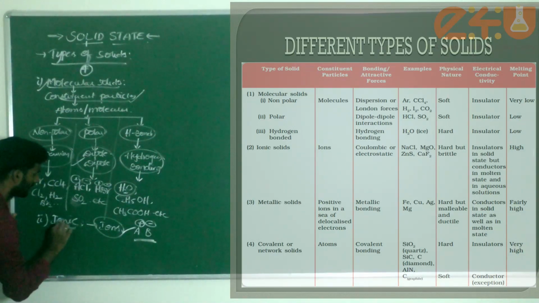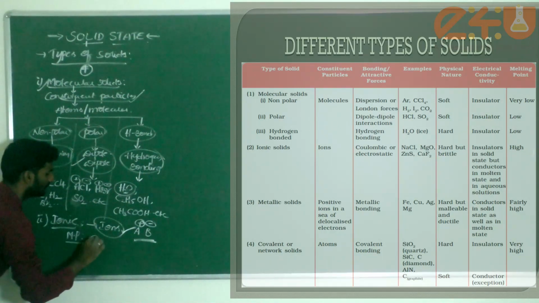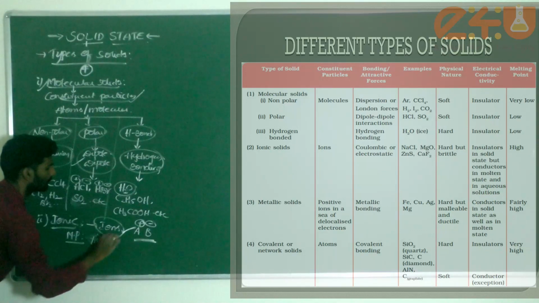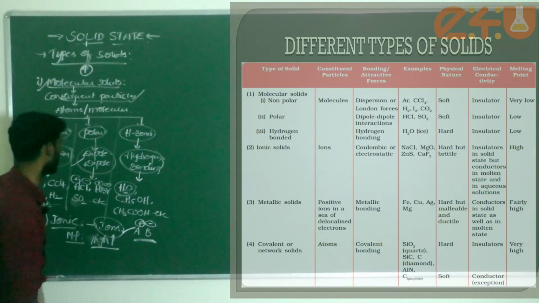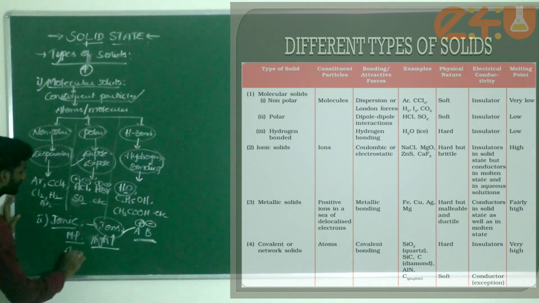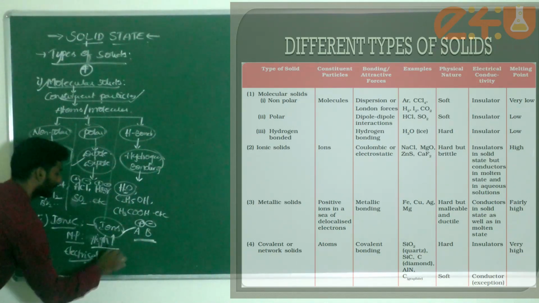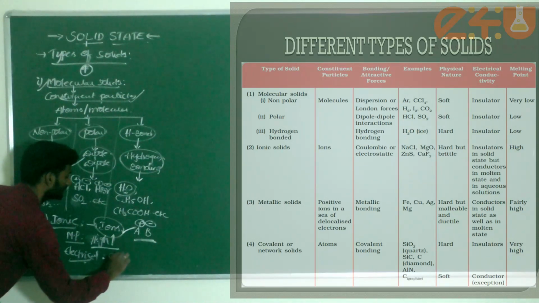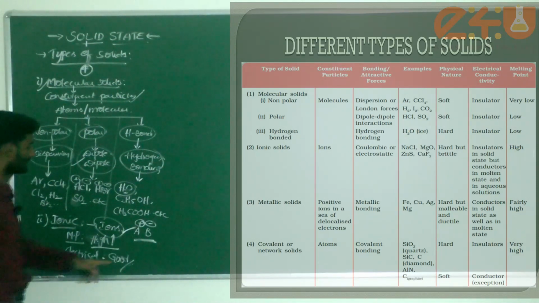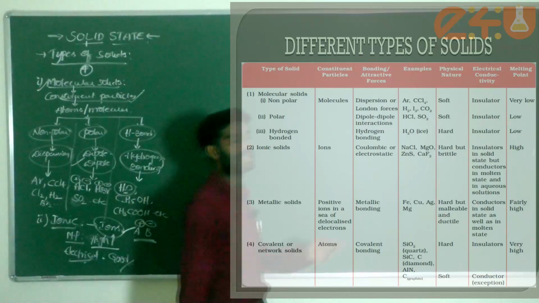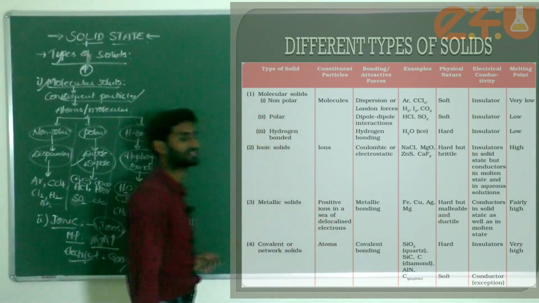Next, if you want to check the physical properties, these ionic compounds or ionic solids have high melting points. Next, electrical conductivity: they are good conductors, but in aqueous solution or molten state.